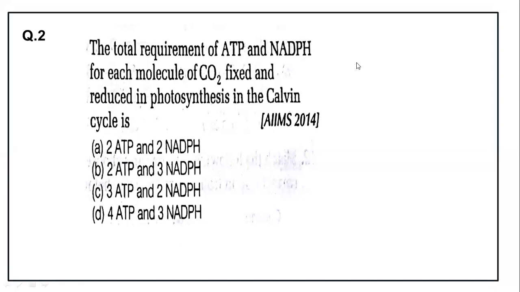So in the Calvin cycle, for 6 CO2 fixation, how many molecules of ATP are required? 18 molecules of ATP and 12 molecules of NADPH are required, right?